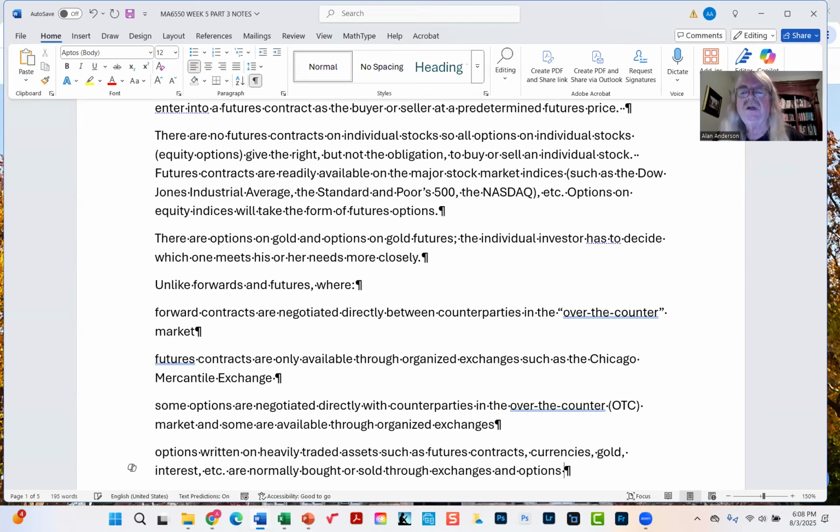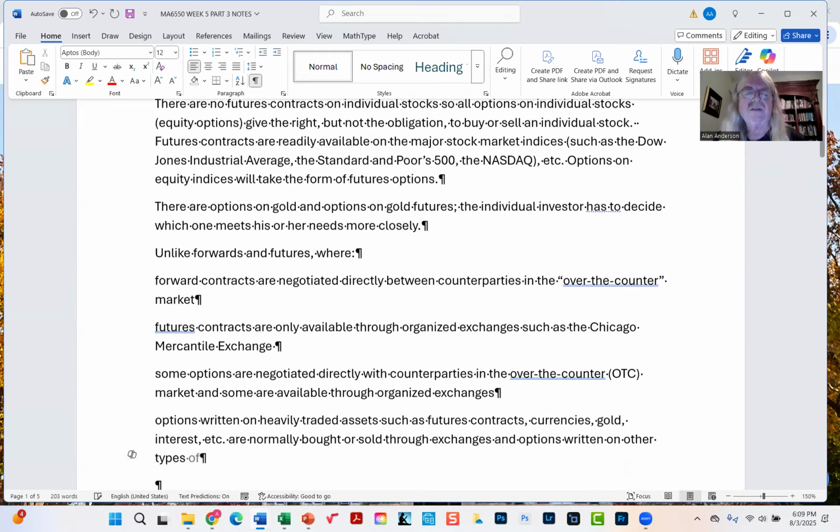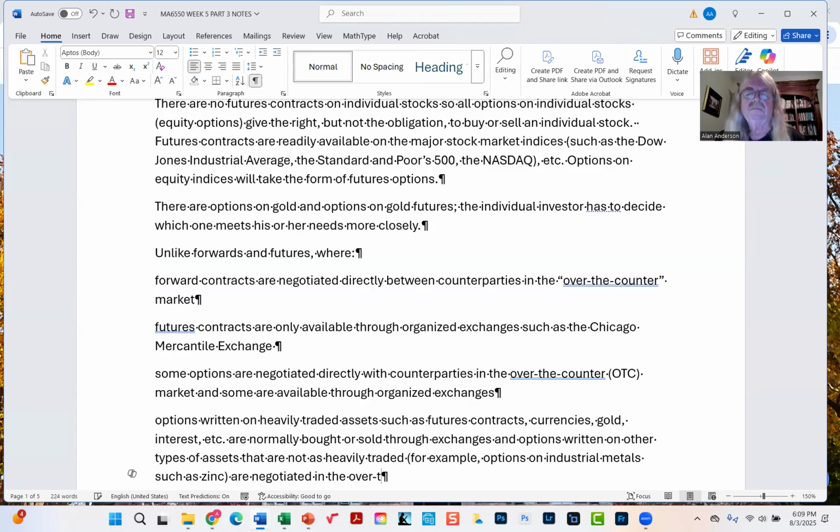And options written on other types of assets that are not as heavily traded, for example, options on industrial metals such as zinc, where there may not be a futures contract, are negotiated in the over-the-counter market. So you can find either one.